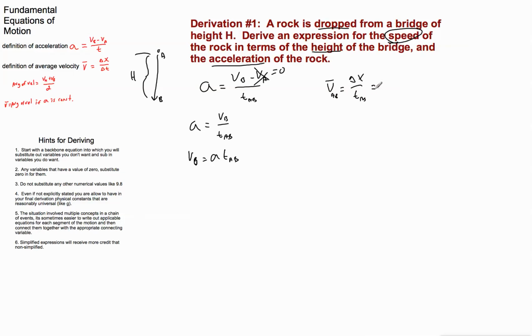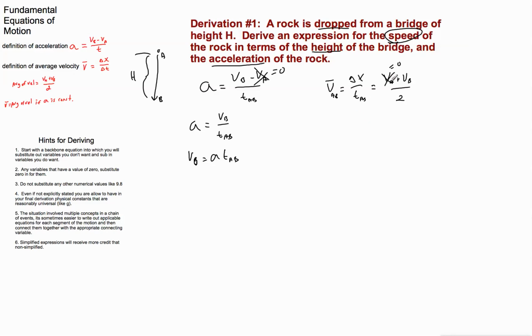Now, this is also equal to the average of the velocities, vA plus vB over 2, if the acceleration is constant, which we assume that it is. And again, that value vA equals 0, so we can drop that out.